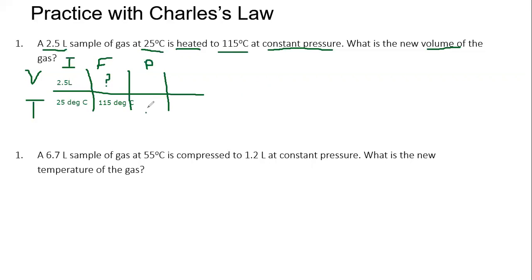So here we see temperature increase, so volume should also increase. So it's a direct relationship.